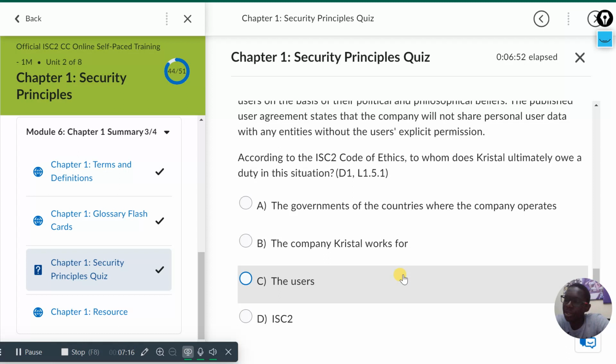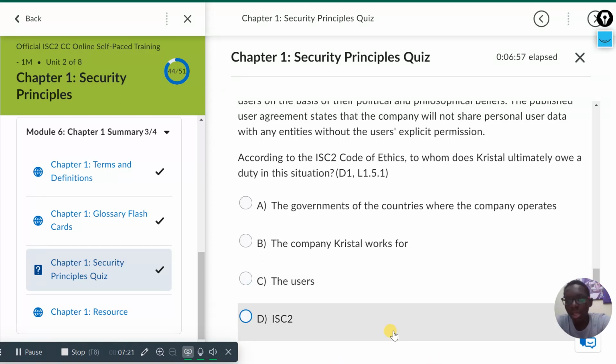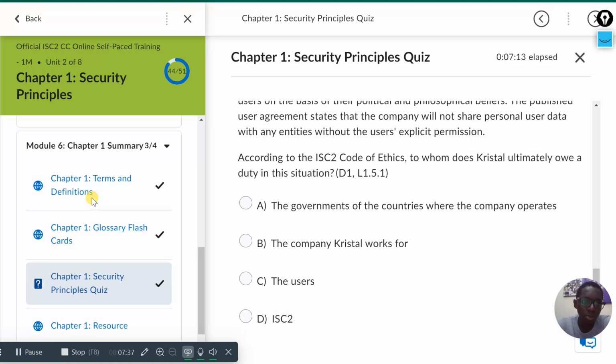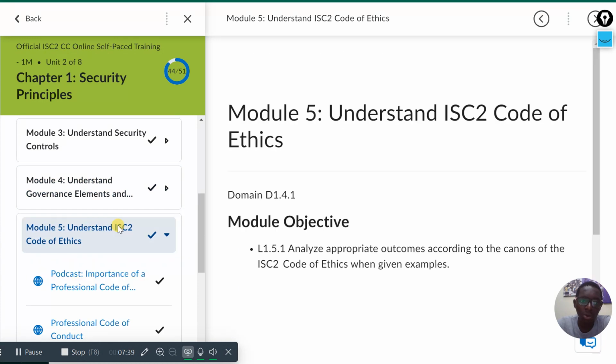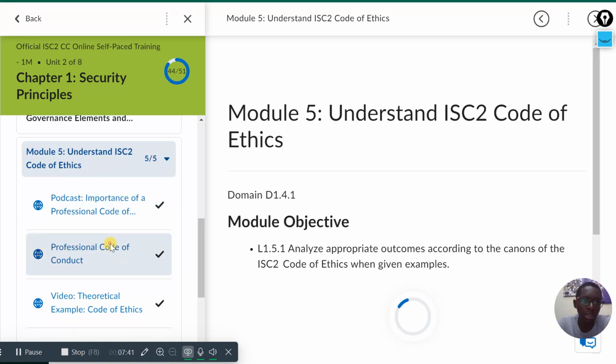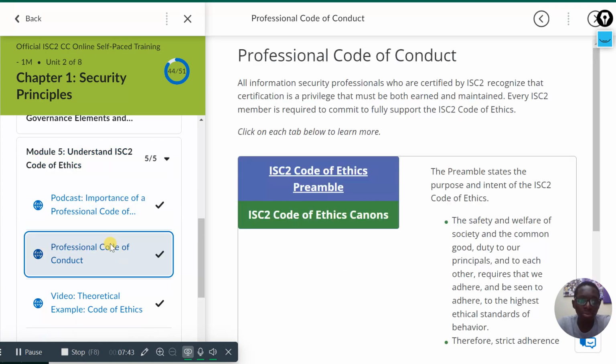Then we have the users, and then ISC2. In most exam scenarios, most of my students pick ISC2. No, please. To answer this question properly, we are going to go into the Code of Ethics, and then we're going to see the Professional Code of Conduct.